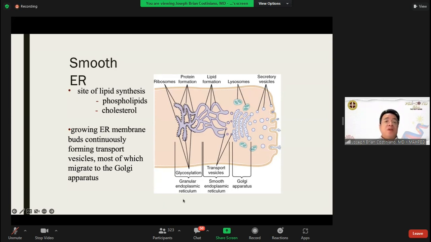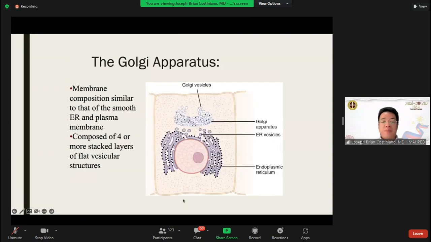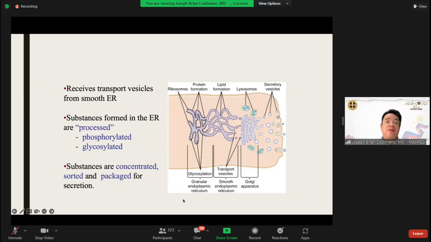So your smooth ER is a growing ER membrane that buds continuously and forms transport vesicles, and these transport vesicles will then migrate to your Golgi apparatus. Now, your Golgi apparatus, its membrane composition is again similar to that of your smooth ER and the plasma membrane, but it is composed of 4 or more stacked layers, no? So, mas madami siyang stacks compared sa endoplasmic reticulum.